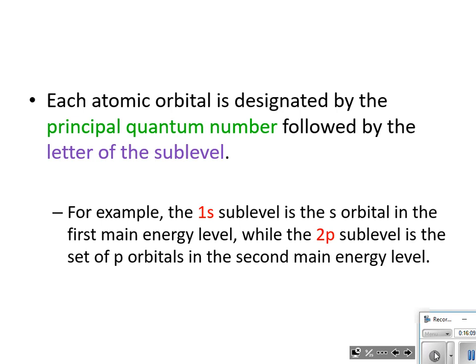Be able to recognize, oh okay, the main energy level, that's the number 1 quantum number. The p is the angular momentum quantum number, or the s, or the d, or the f.